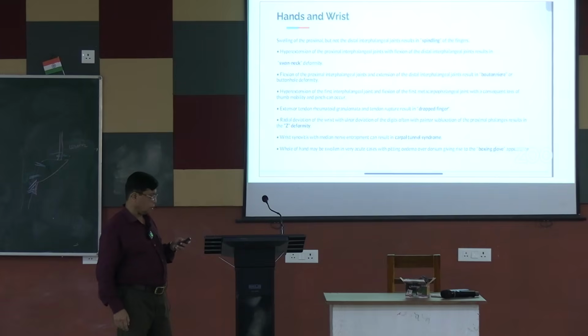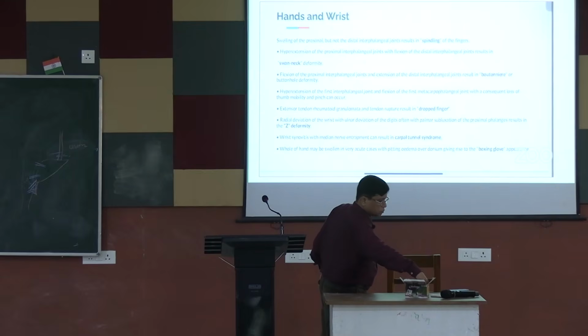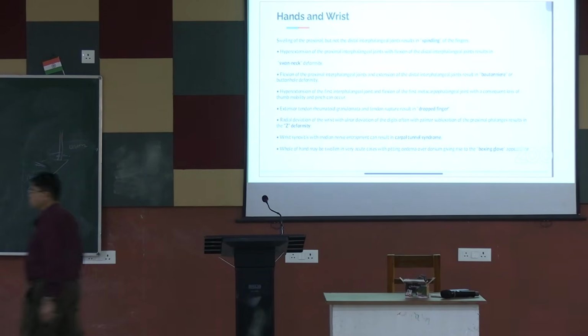Carpal tunnel syndrome has many causes. Sometimes it also comes as a short note. Other than rheumatoid arthritis, which is definitely an important cause, it can also occur in pregnancy.